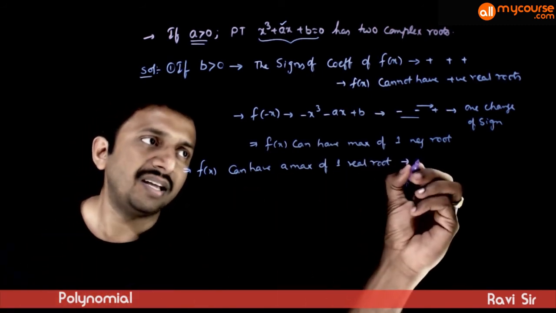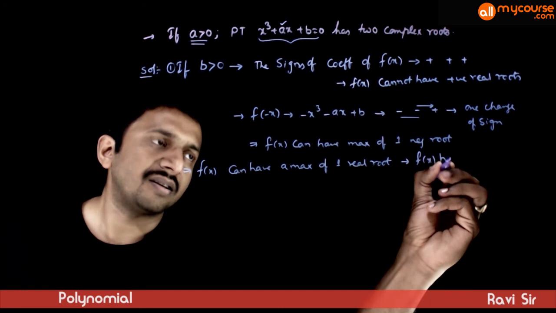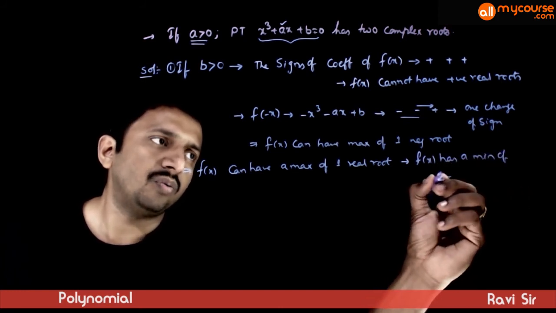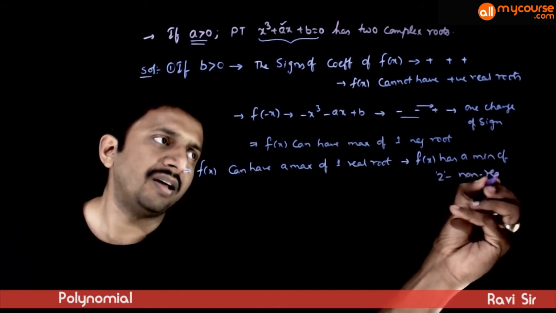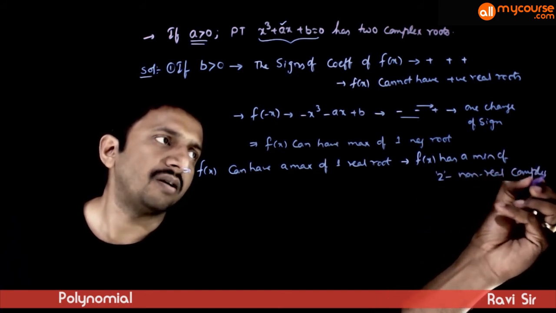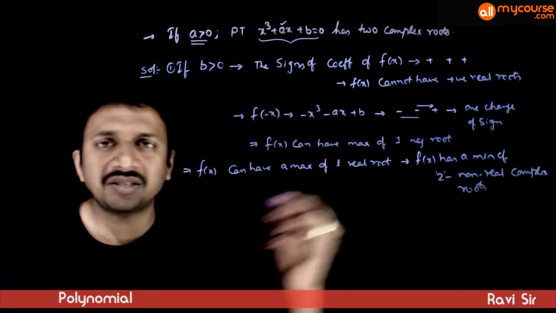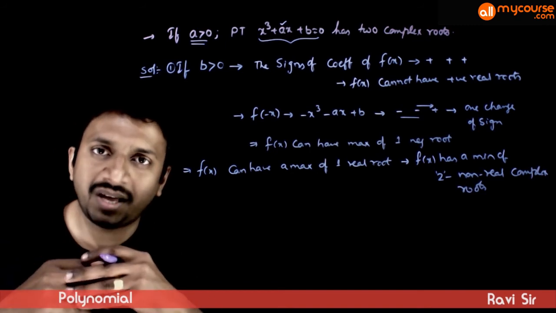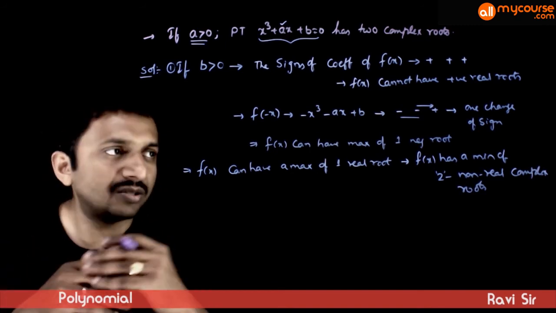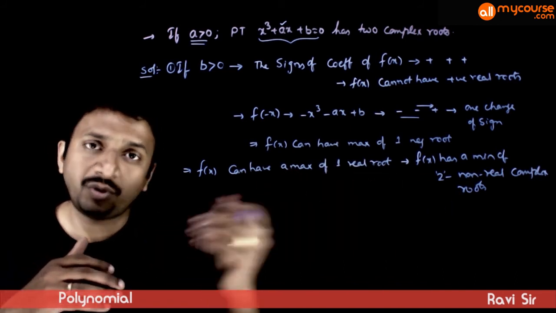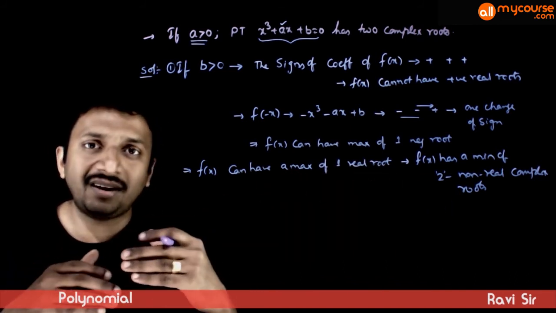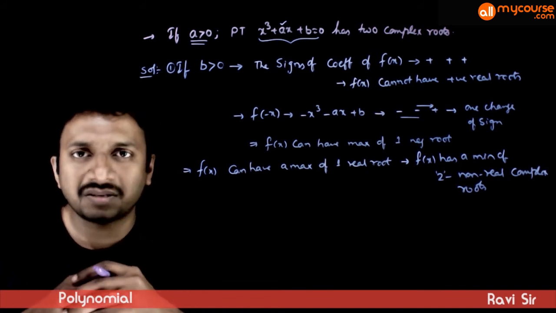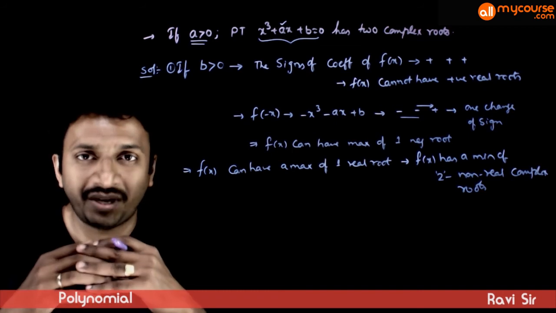This implies f of x has a minimum of 2 non-real complex roots. So it has to have at least 2 complex roots, because complex roots always occur in pairs. All 3 cannot be complex. Complex roots always occur in conjugate pairs.